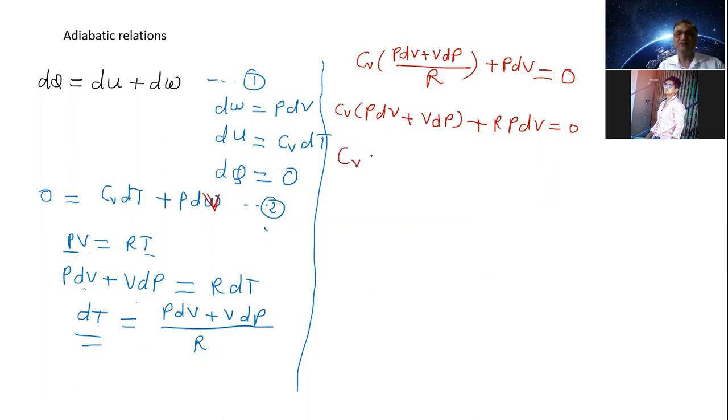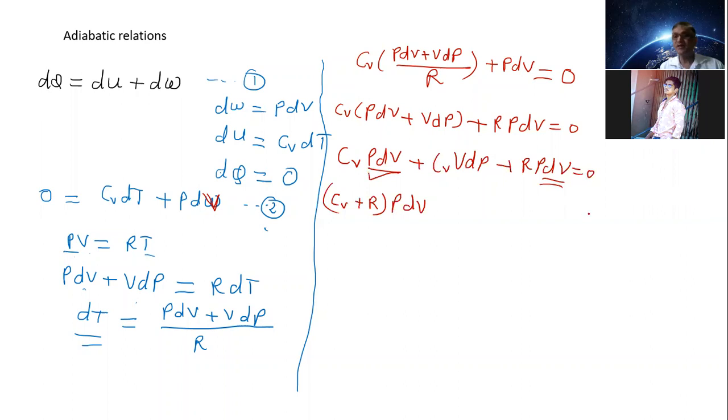Then we write here Cv into PdV plus Cv into VdP plus R into PdV is equal to 0, right? Now here PdV is common from these two terms. Then we write here Cv plus R in bracket and PdV is common.